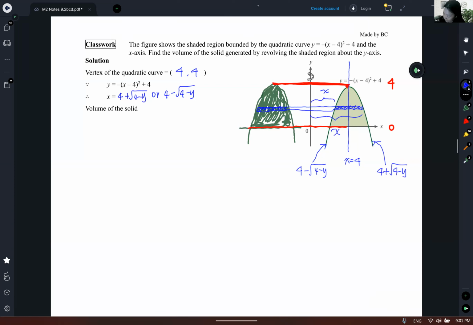Okay. Now, the volume. The volume is pi, the bigger R minus the smaller R, dy, from the bottom, which is 0, to the top. That's it. And then you simplify.